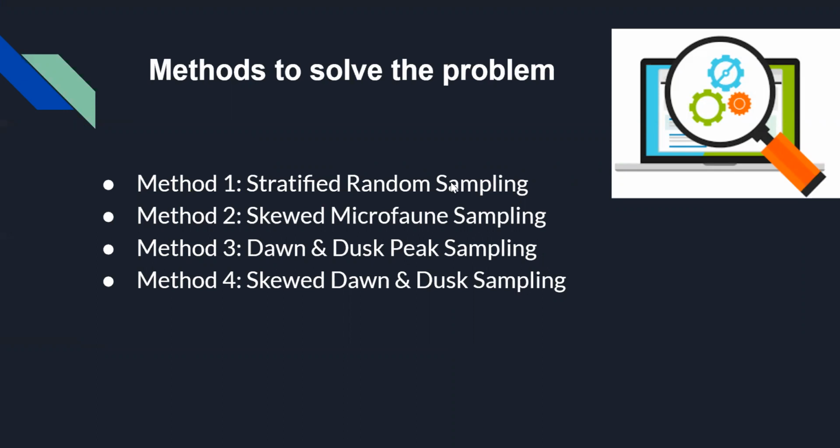Method three is dawn and dusk peak sampling, which uses dawn and dusk bird trends. We select two time intervals, one is dawn and one is dusk, and for each time interval, we choose 120 audio clips. And method four is just the combination of method two and method three.